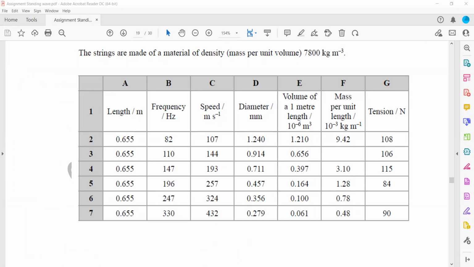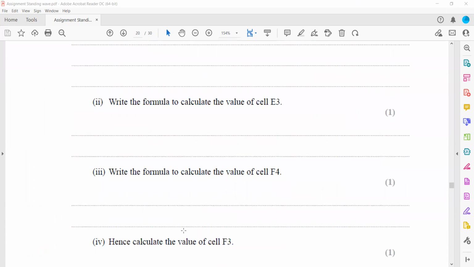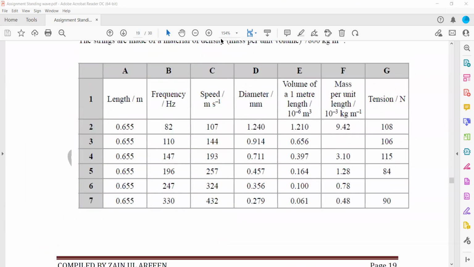Then we have to complete and calculate cell F3. How to calculate F3? How will I get the value for F3? What simply I have to do? E3 is there, multiplied by 7,800. So 7,800 multiplied by E3, I'll get the mass per unit length, and in this case, it will be F3.